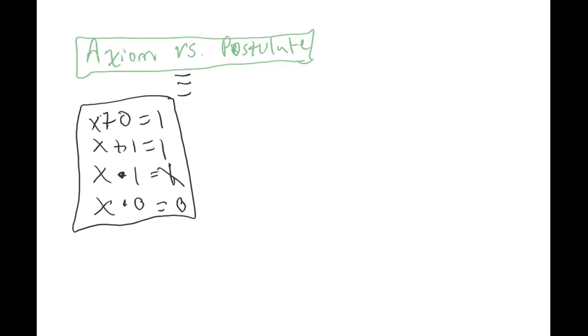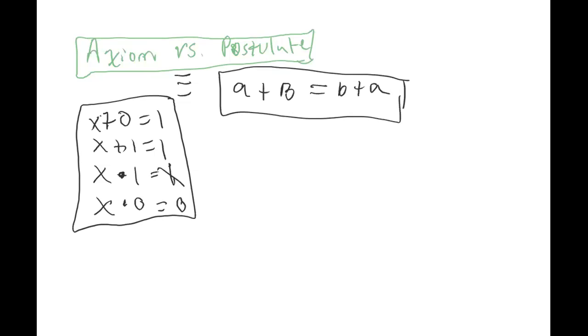And if these axioms are not true, in other words, if A plus B equals B plus A, right, if somehow this ceased to work, then we would break the algebra. We'd have a non-functioning algebra.